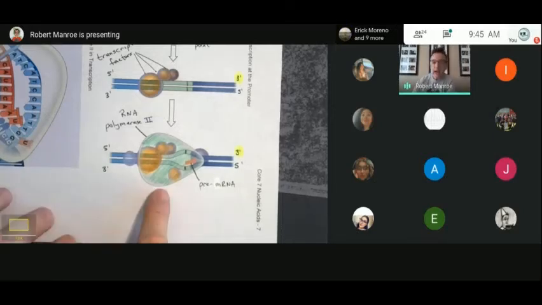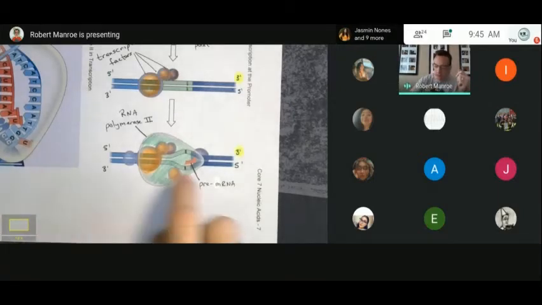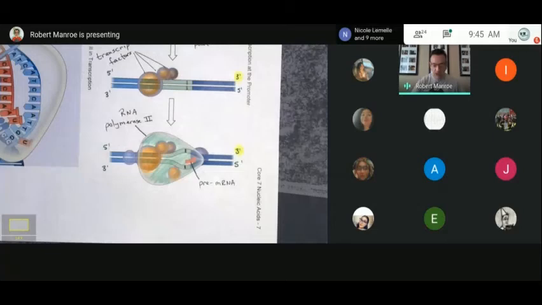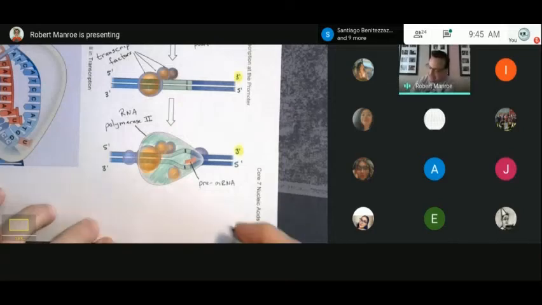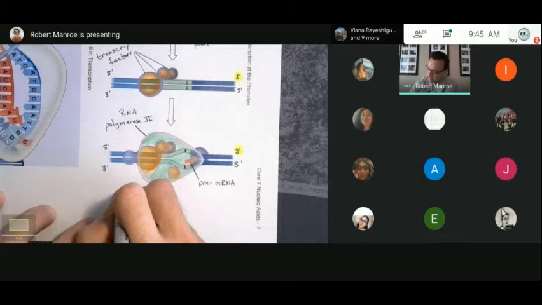Right? And then you have the entire association of the RNA polymerase 2, your transcription factors, the initiation of your messenger RNA. This whole joining of all of these items together is called a complex. And so this is called a TIC, a transcription initiation complex.